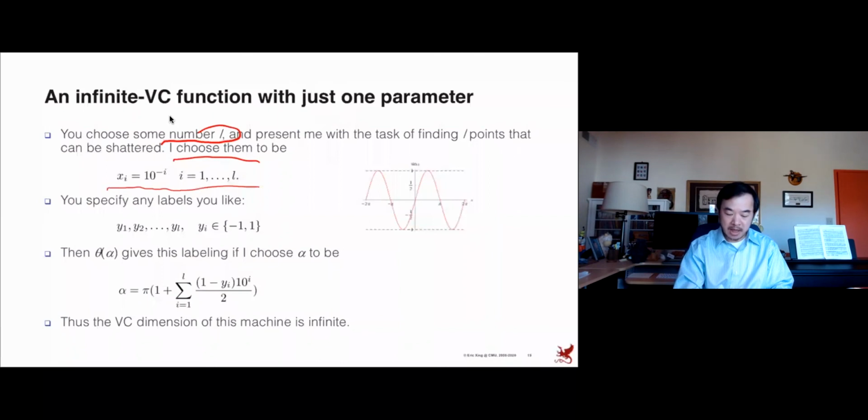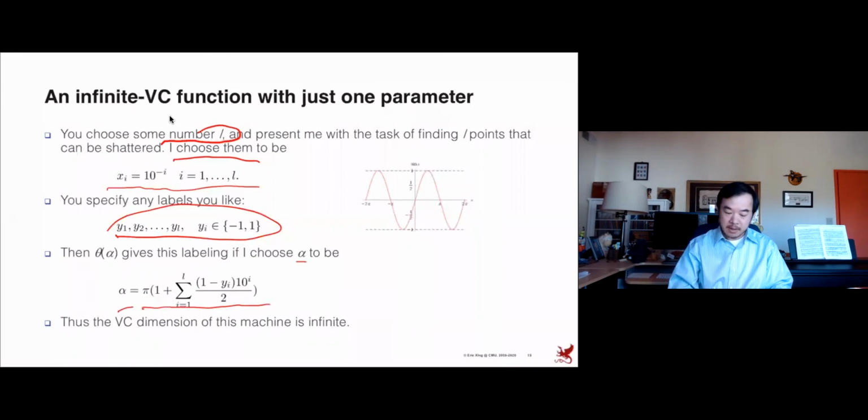Then you can arbitrarily label them in a binary fashion. Then I claim that I'm going to be able to give you any label using the function I just presented, by selecting alpha to be of this number.